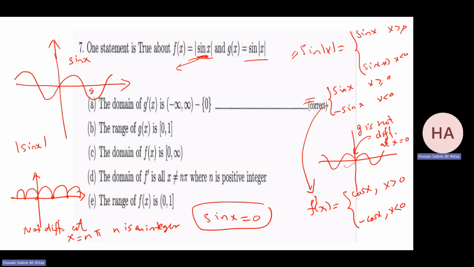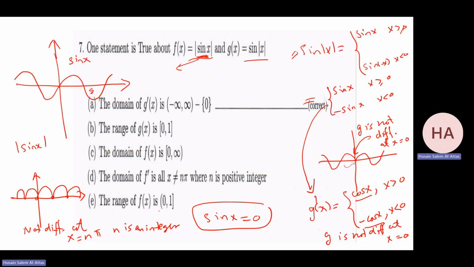What will happen at 0? Cosine 0 is 1. Minus cosine 0 is minus 1. So there is no equality. So g is not differentiable at x equals 0. I mean g. This is g.